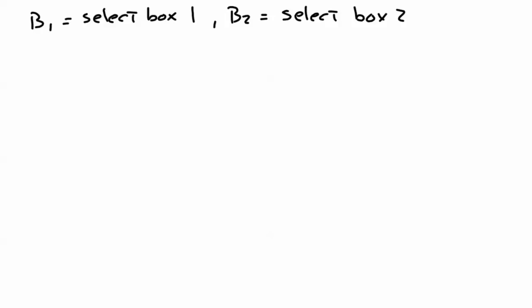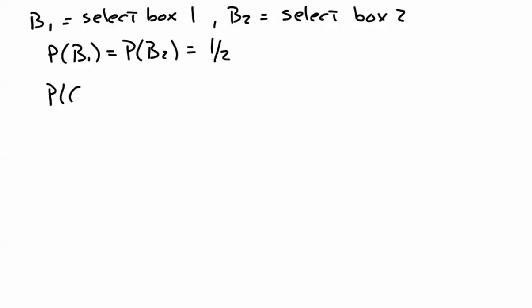The probability of picking box 1 will equal the probability of picking box 2, and we'll say that's a half because the boxes were identical and there's no reason for you to choose one box over the other.